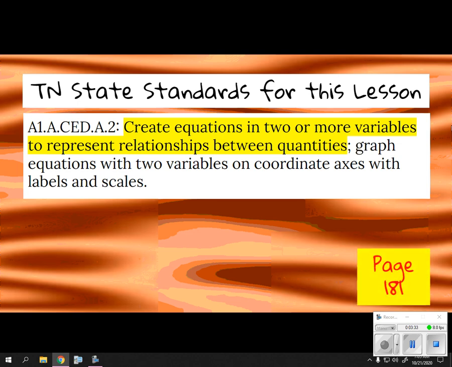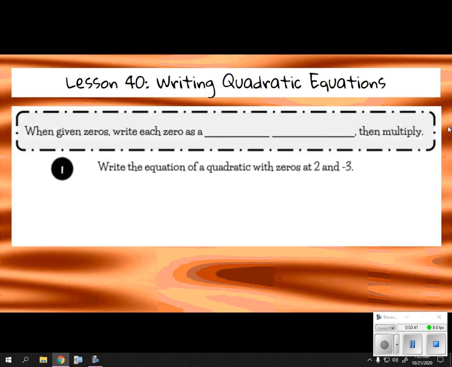So we're going to jump to page 181. And on page 181, you see this. When given zeros, you're going to write each zero as a linear binomial, and then you're going to multiply. Now, one thing I'm going to harp on you about is they're telling us to write equations.